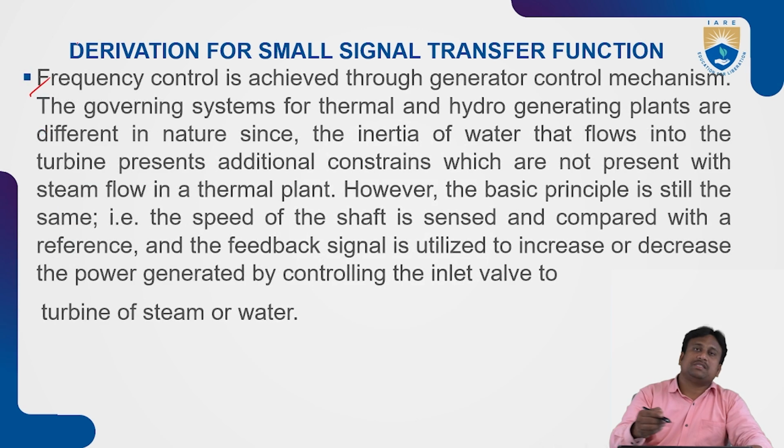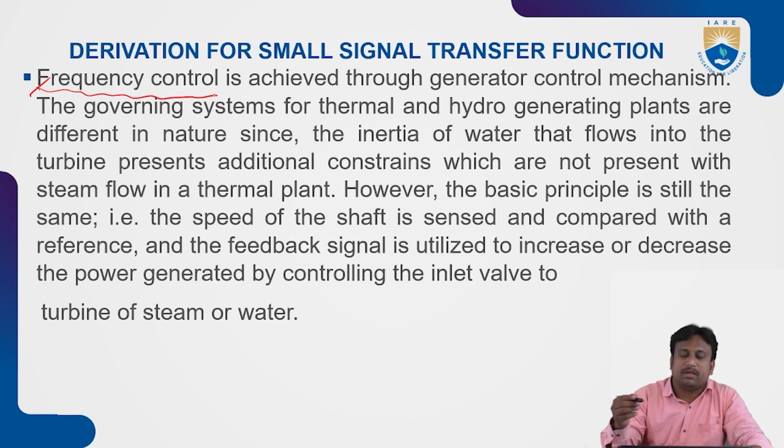Coming to the first parameter, frequency control. This is achieved through the generator control mechanism. Governing systems for thermal and hydel generating plants are different in nature, since the inertia of the water that flows into the turbine presents additional constraints.